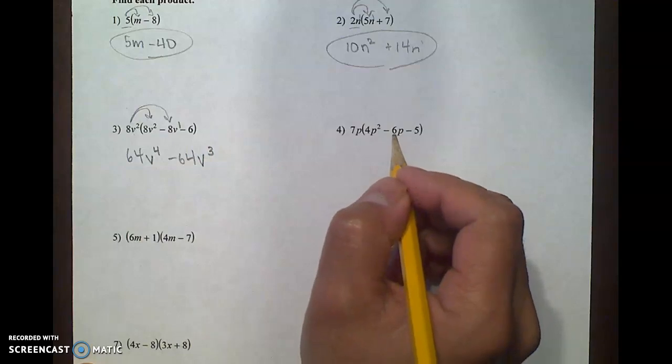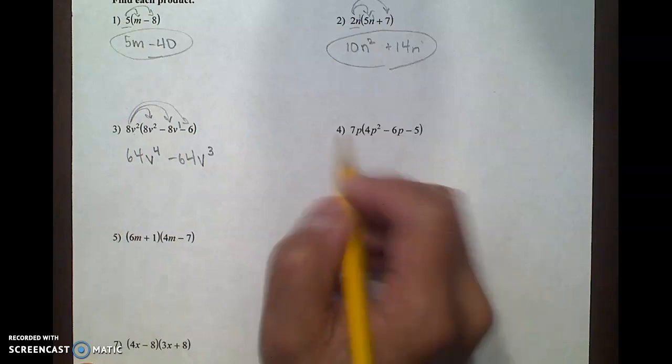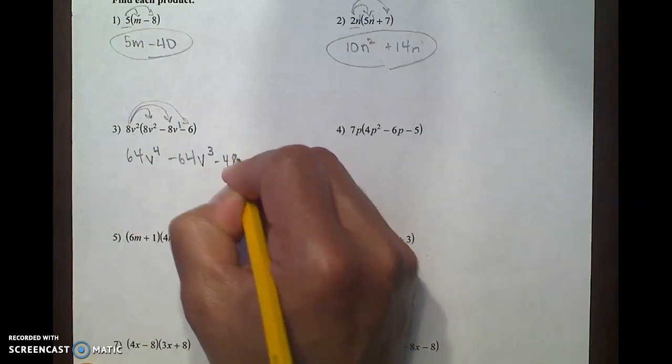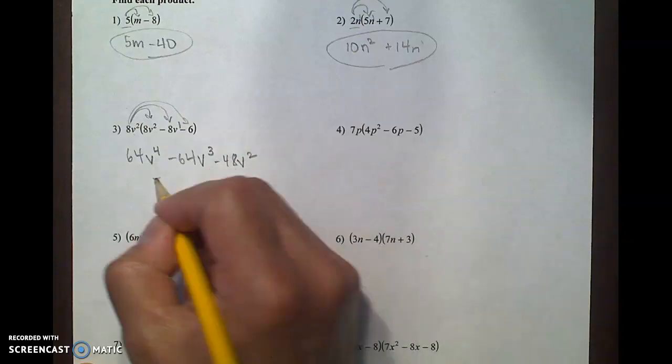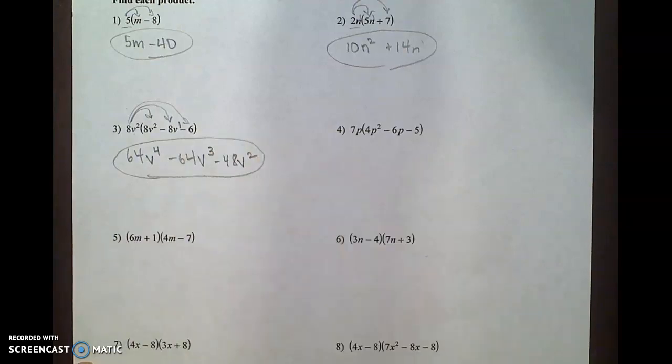So it's v to the third. 8v squared times negative 6. 8 times negative 6 is negative 48 v squared. Since these are not all like terms, we keep it just like that, and there's our final answer.